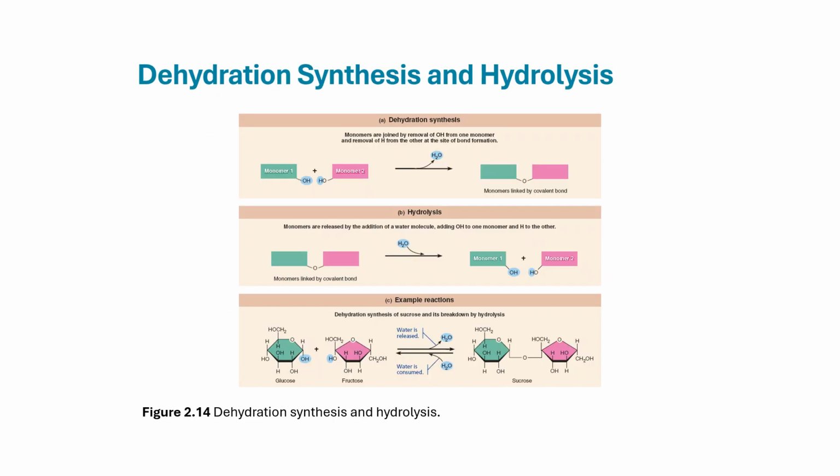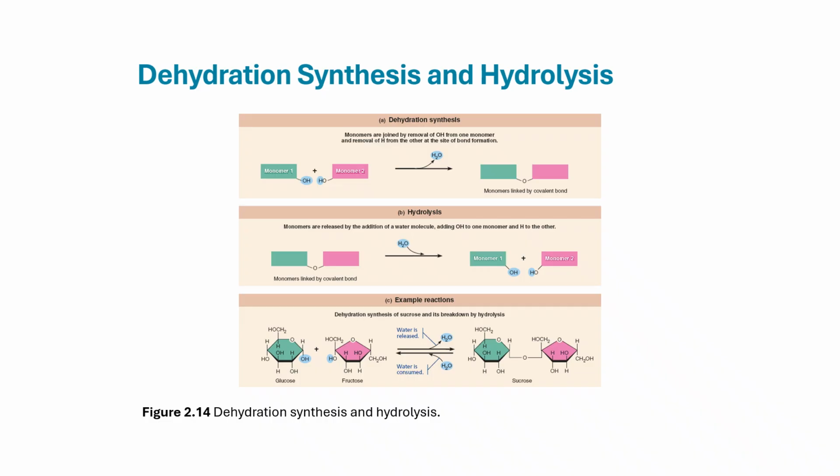Okay, so this slide is demonstrating dehydration synthesis and hydrolysis. So the first box up here is dehydration synthesis. The second one is hydrolysis. So we know that biological molecules are formed from their monomers or units by dehydration synthesis and broken down into monomers by hydrolysis reactions.